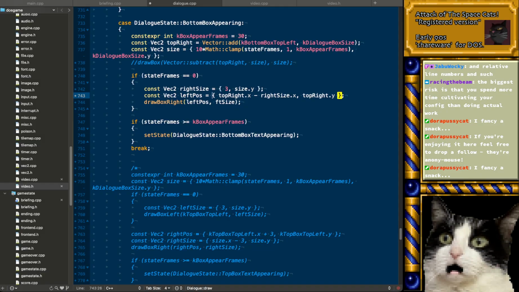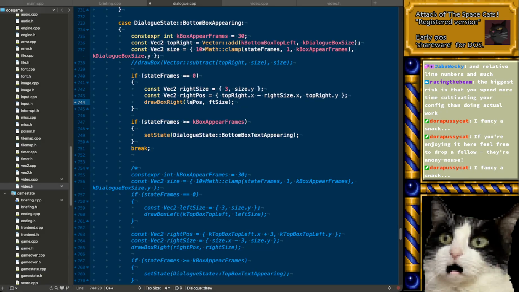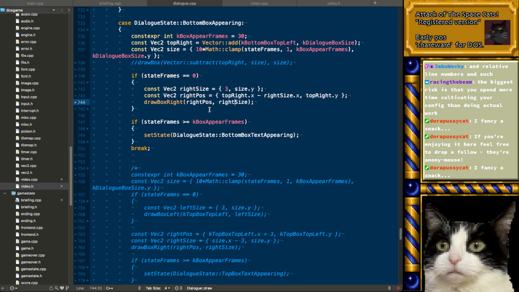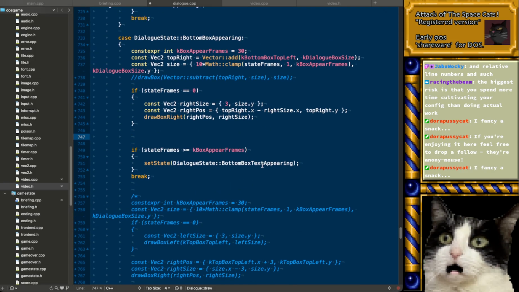Left pos? You don't mean left pos, you mean right pos. That's the first frame. So right size X, which we just set there. And then having done that, then we want to draw the rest of the box.